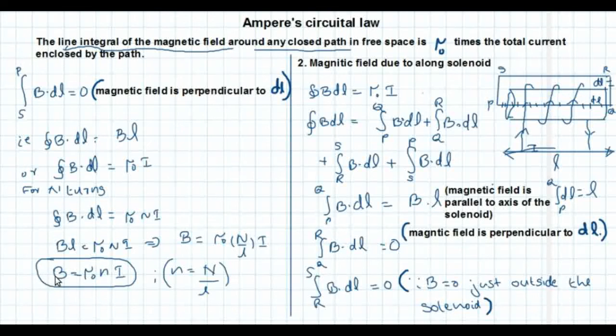And again, this shows that if we increase the current through the solenoid, then the magnetic field will increase. Another way to increase the magnetic field is to increase the number of turns. So for the same current, if we increase the number of turns over this coil, then again we can increase the magnetic field due to this long solenoid.